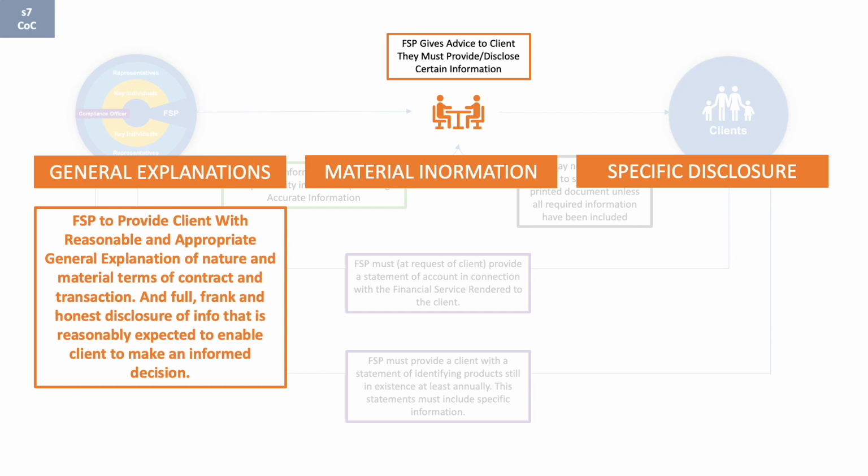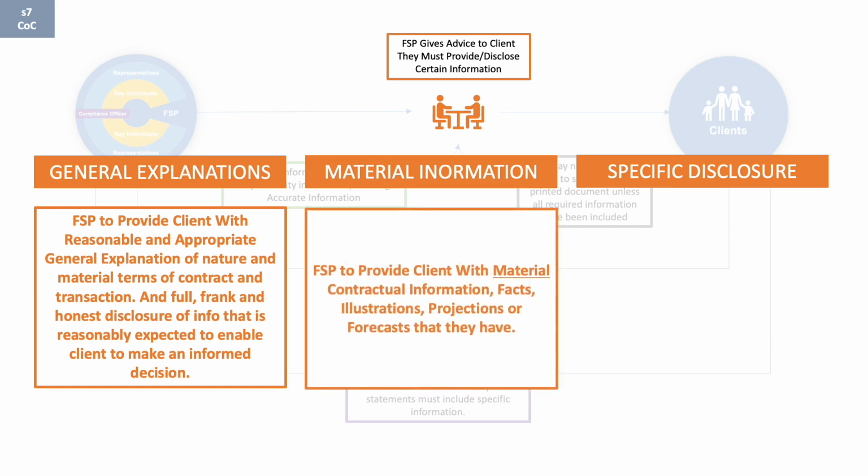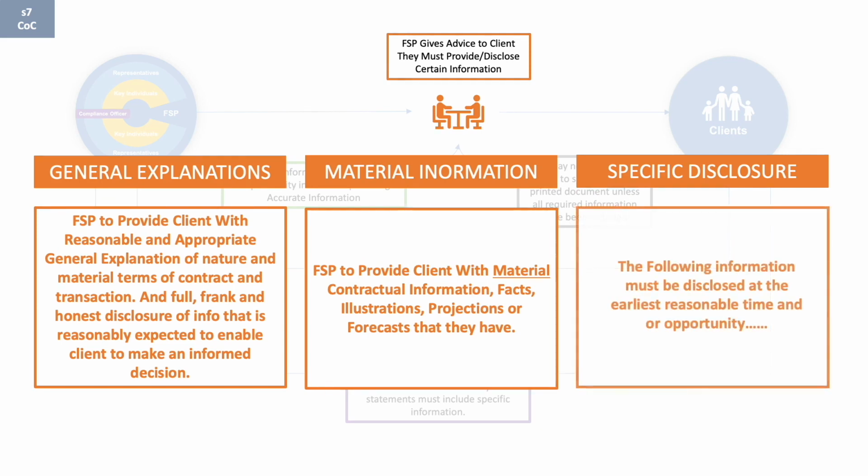In terms of material information, the FSP is to provide the client with material contractual information, facts, illustrations, projections, or forecasts that they have. In terms of specific disclosure, Section 7 of the Code of Conduct goes into detail as to what needs to be disclosed.